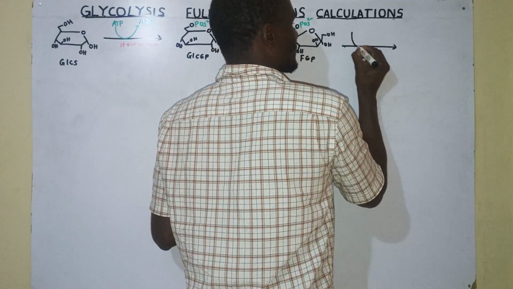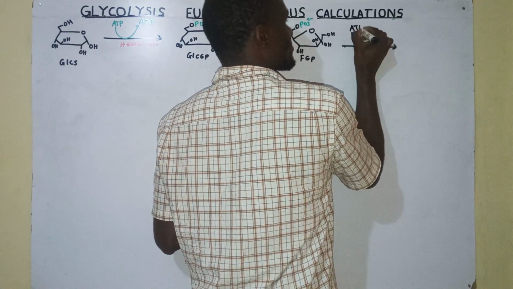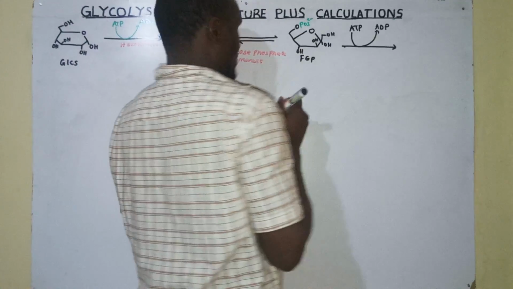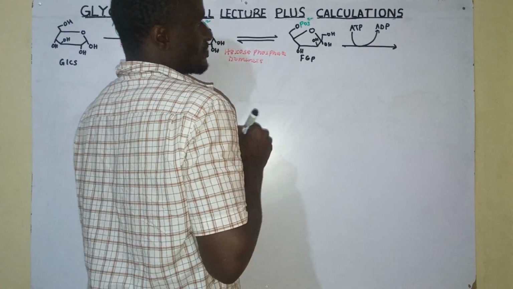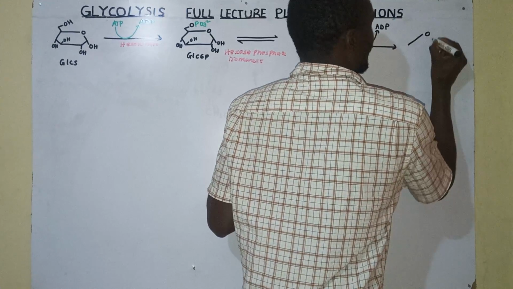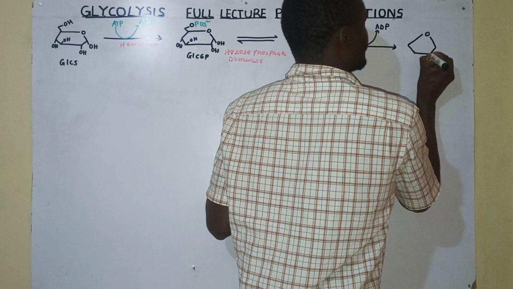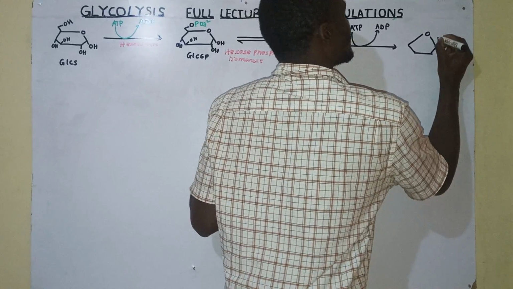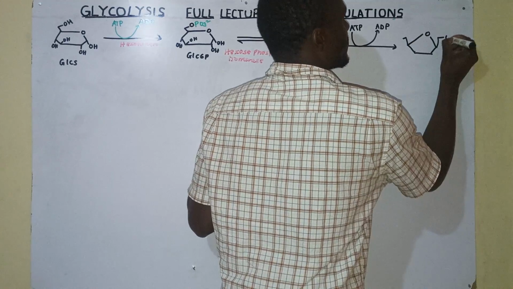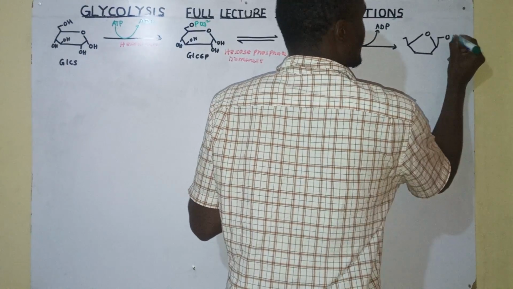So this is it. That is, a phosphate group is transferred from ATP onto fructose 6-phosphate to form fructose 1,6-bisphosphate. So that is how it should be. I'll be using different colors.